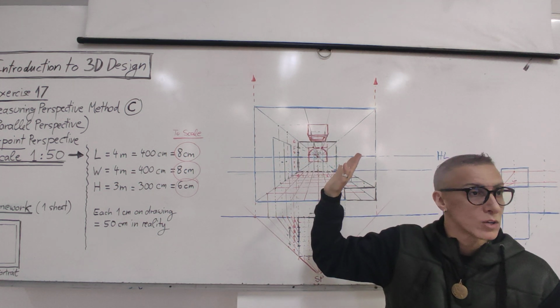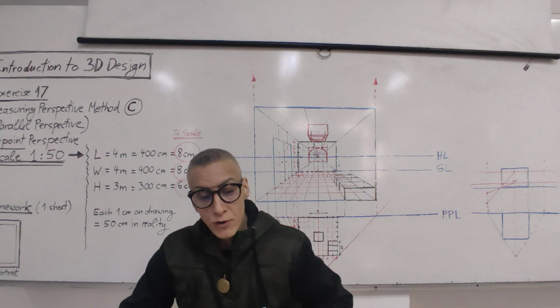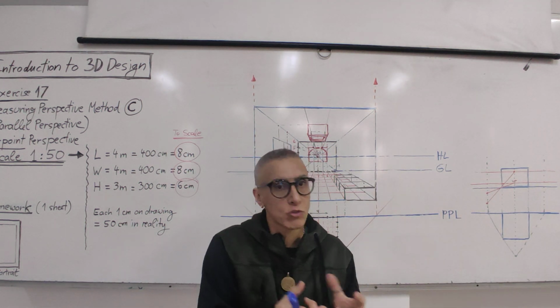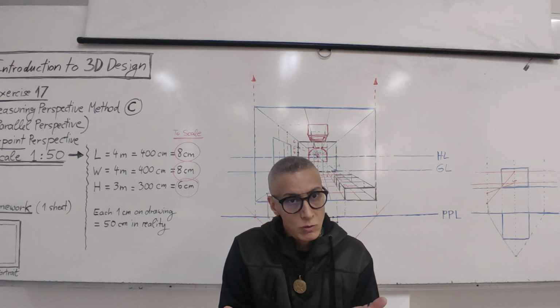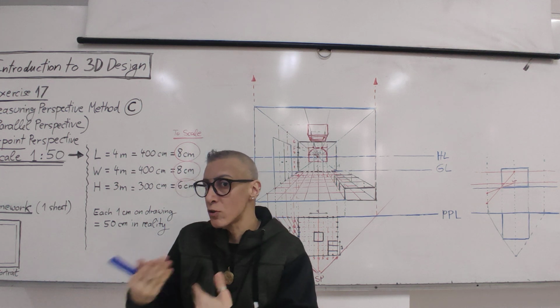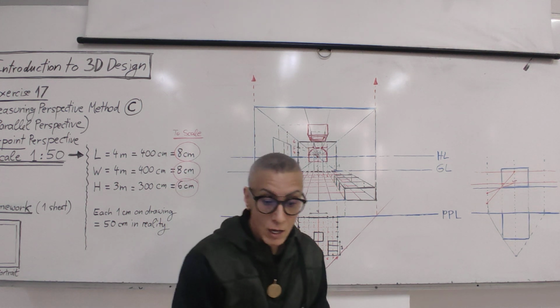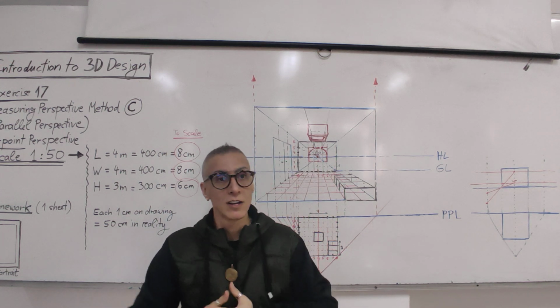Don't copy what I'm doing here. You need to do something more beautiful. If you're not comfortable with the method, just choose simple objects to draw, but correct. And if you're comfortable, you can try more experiment to draw more complicated objects, okay? Of course, this affects the mark.